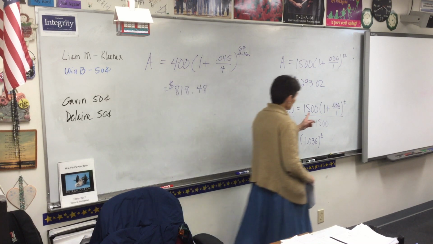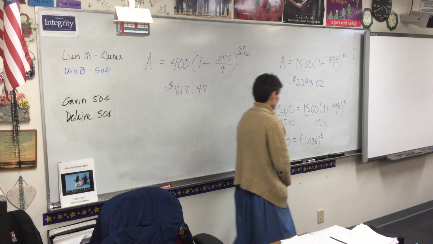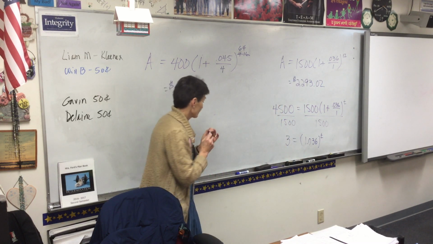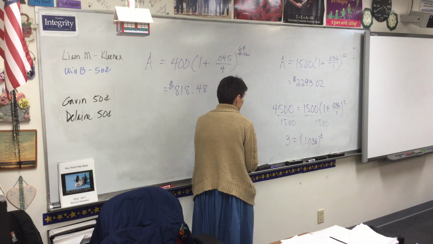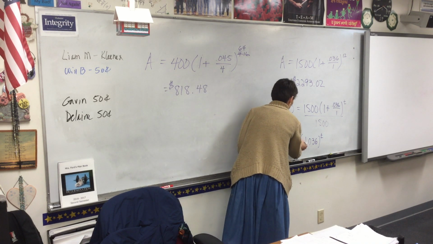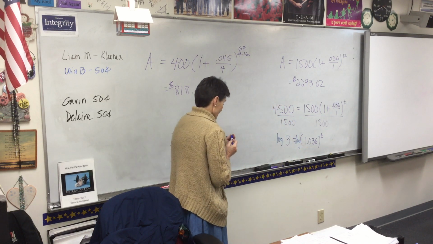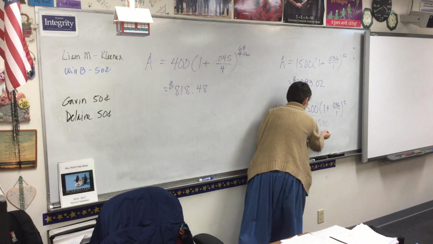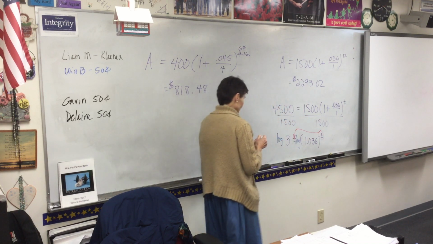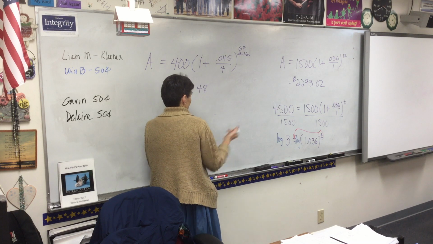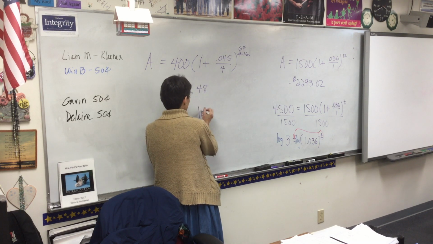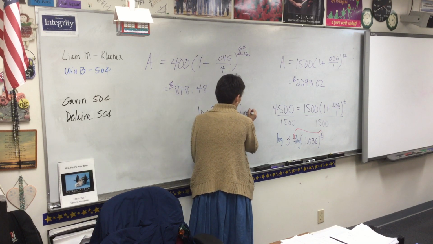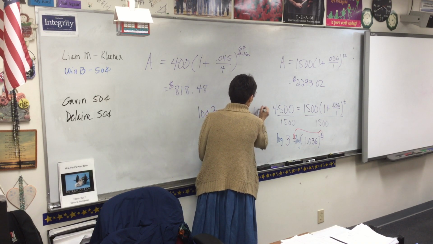You can keep writing it this way if you want, but all right, now what happens? Now we take the logarithm of both sides. And the reason that we did that, the exciting, super fun thing, is this comes out here. So make sure you're writing down all these steps. Log 3 equals T log 1.036.